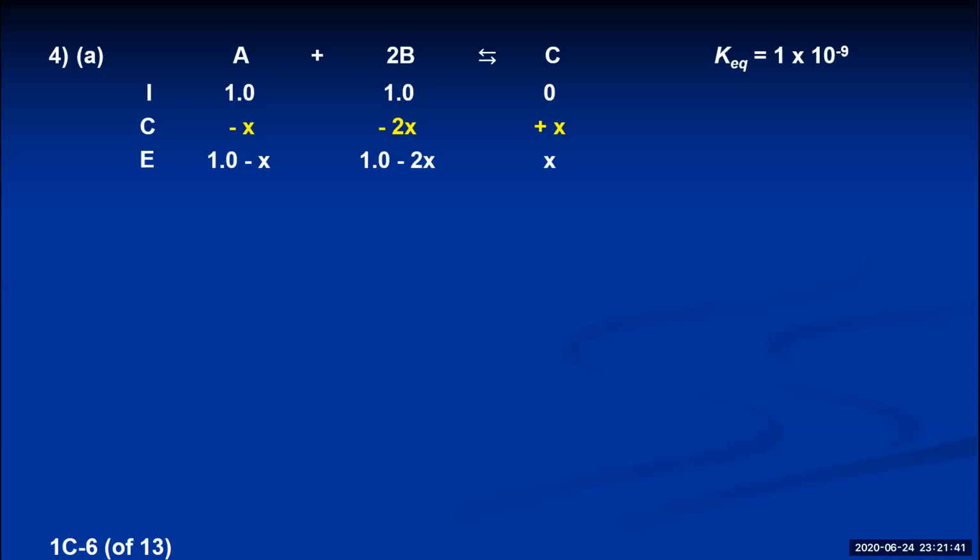And the question you're trying to ask is, will x that's in your ice table be a big or small number? So the thing to focus in on is the product. The product is C, and look at the equilibrium line for C. It's going to wind up being x. Now, how do we figure out whether it's big or small? Well, remember, the equilibrium constant is way less than 1. So that means you're going to have mostly reactants at equilibrium.